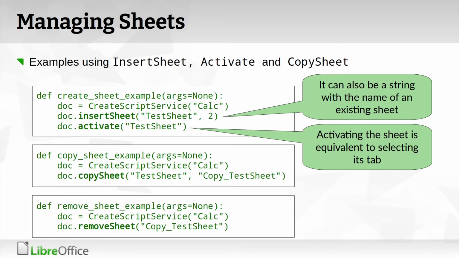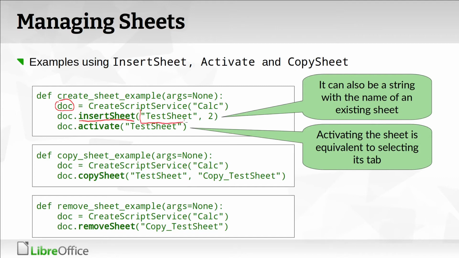So you see here that, for example, if we want to create a new sheet, we just call the insert sheet method. So first here, we instantiate the Calc service to access the current document. And then we call the insert sheet method.